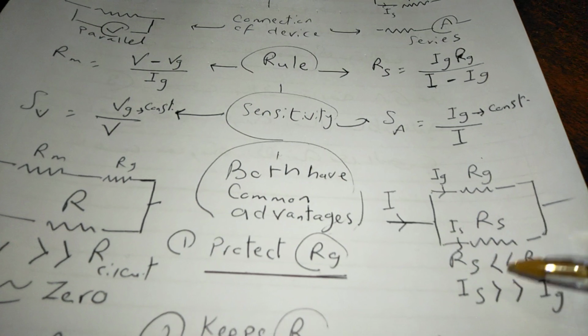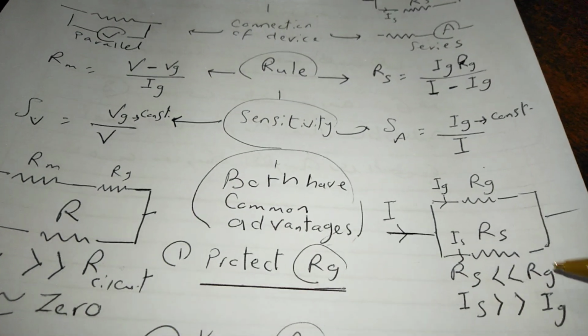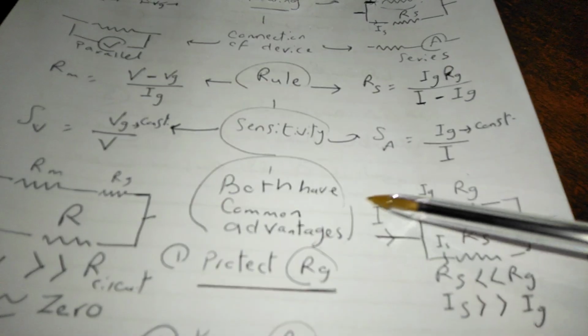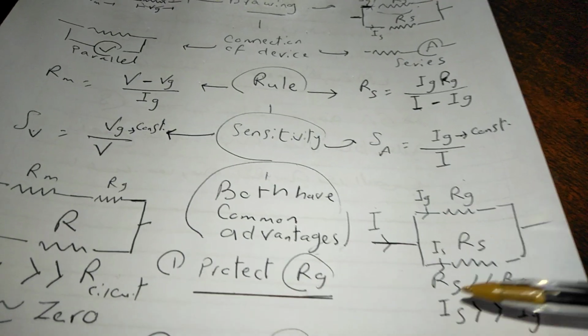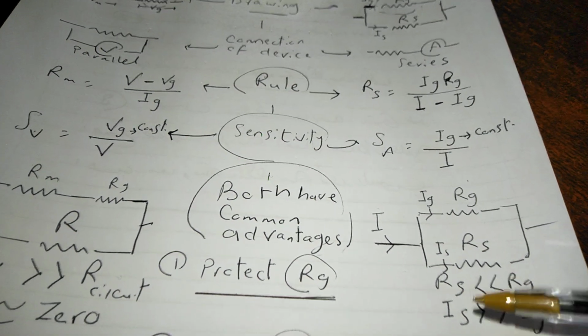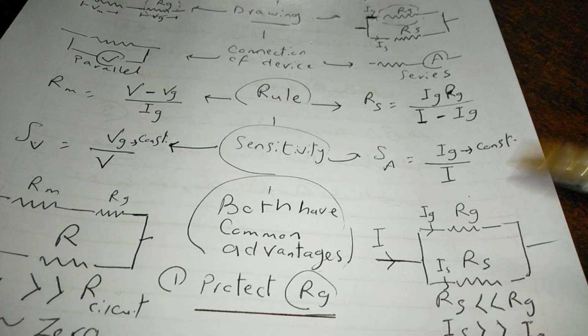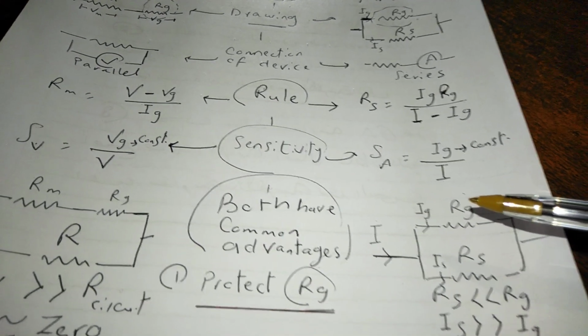Here RS is much less than RG, and that's why it withdraws most of the circuit current, and this is an advantage because this protects RG and allows it to measure higher current value.